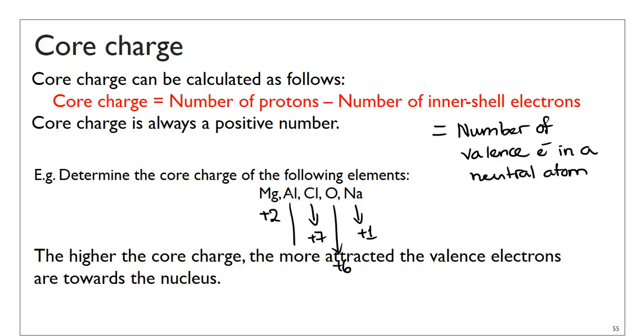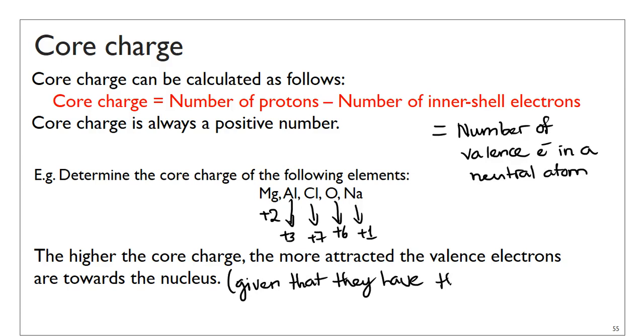Let's try again. So aluminium is +3 and oxygen is +6. So the higher the core charge, the more attracted the valence electrons are towards the nucleus, given that they have the same number of shells.